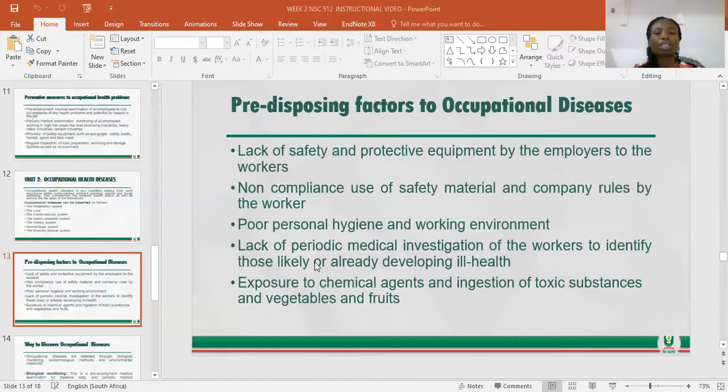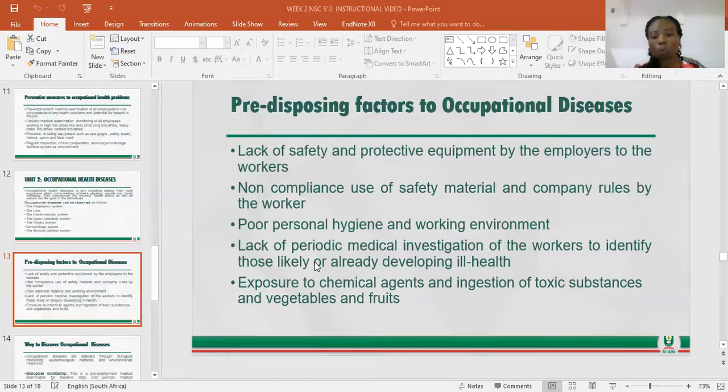Lack of periodic medical investigation of the workers. It is very important that employees take periodic medical investigation. At the beginning of their work, they have done a medical examination, so their health status is known.